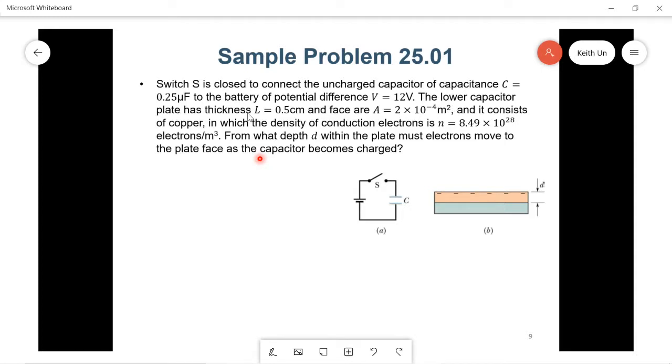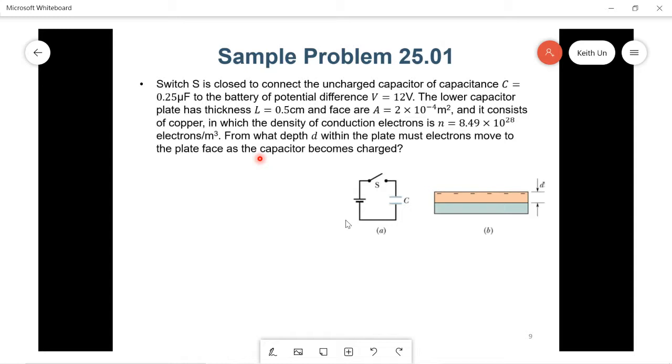The size L is 0.5 centimeter, the area is A, and it consists of copper. The density of the conduction electrons is small n. It asks what is the depth within the plate that electrons must move to the plate face as the capacitor becomes charged.